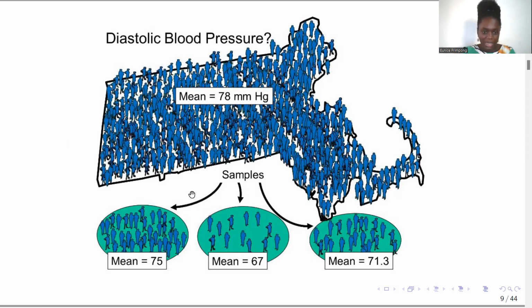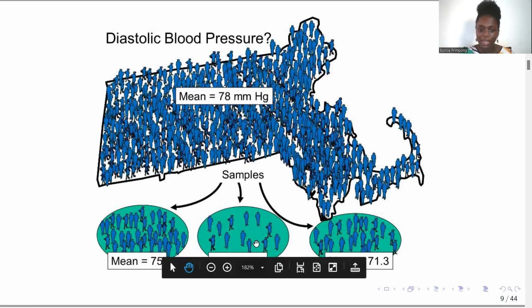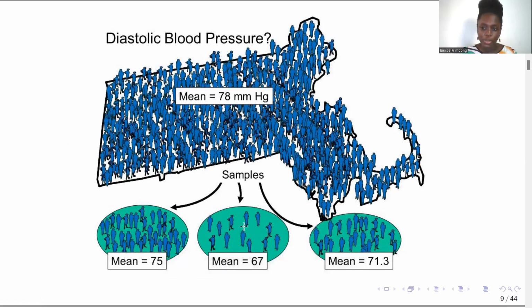However, look at these samples. There are 3 different samples that have been collected from this entire population. So this is a smaller sample. It's quite evident that the number of people collected here is small. This is quite a good number of sample, but this is a greater number of sample, okay? So when you compare these 3 samples, you realize that they have different means.